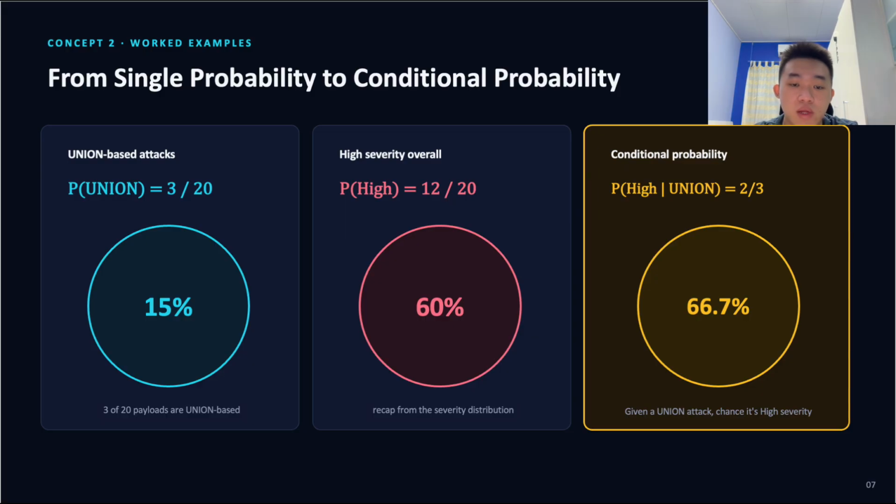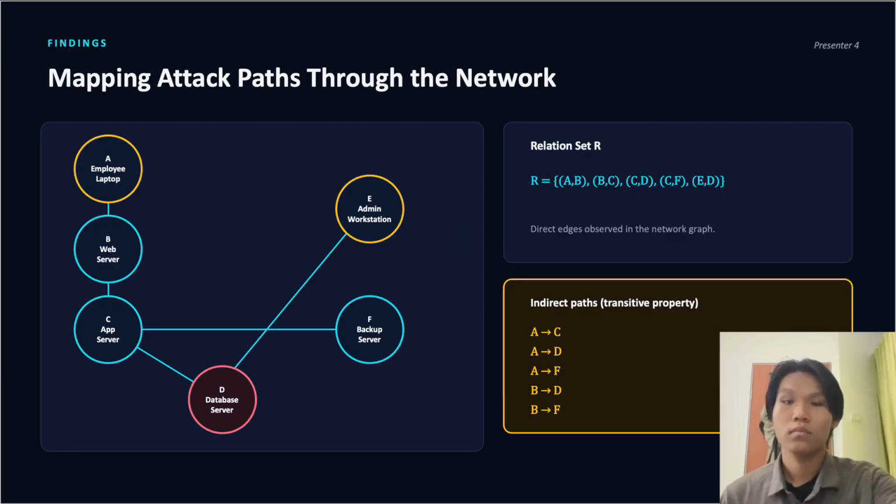Using conditional probability, we ask, given that an attack is union-based, how likely is it also high severity? 2 of those 3 union attacks are high severity, so P(H given union) equals 2/3, about 66.7%, well above our 60% baseline. That tells us union-based attacks are disproportionately dangerous. Now Steve will show what happens when we apply this to an actual network.